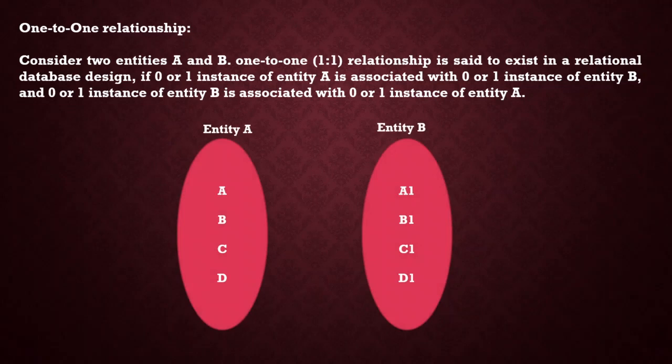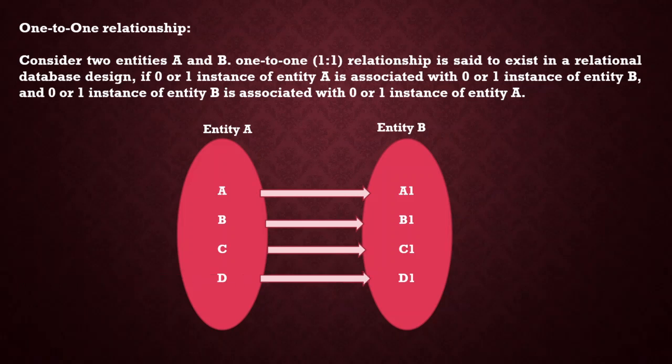We have two entities or databases, entity A and entity B. So here, the entity A is related with entity A1 and entity B is related with the entity B1 and the entity C is related with the entity C1 and the entity D is related with the entity D1. Such a relationship of entities is known as one-to-one relationship.